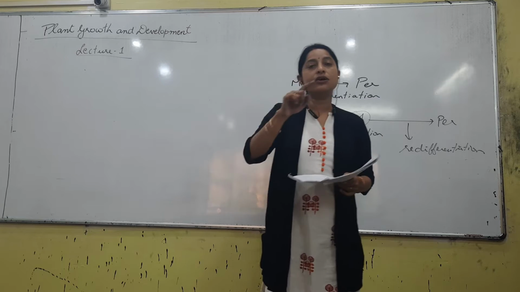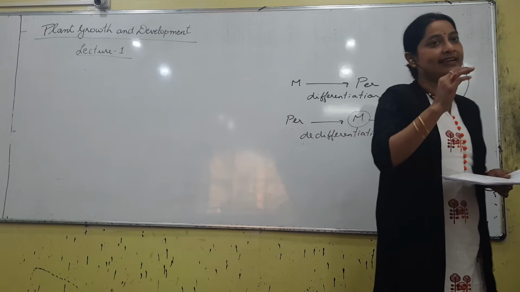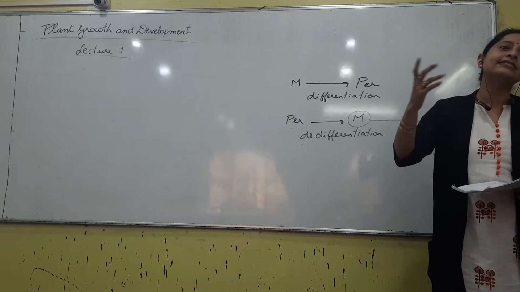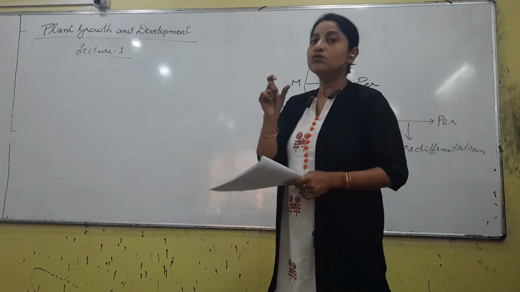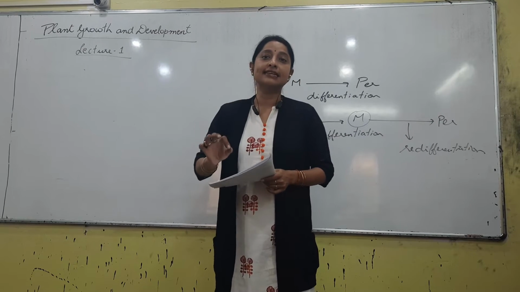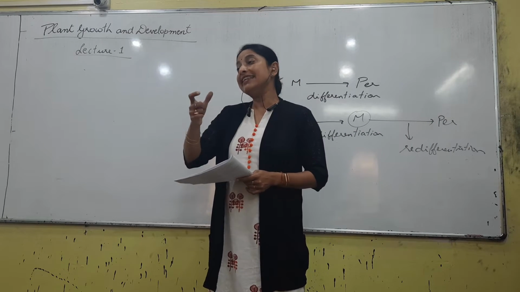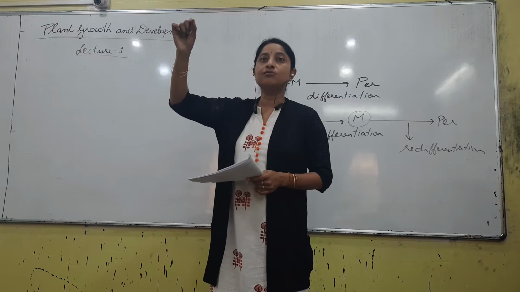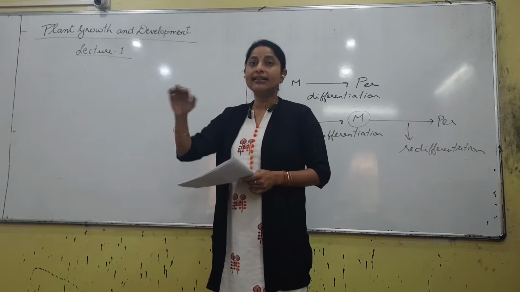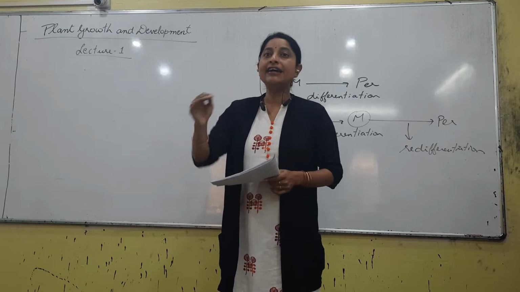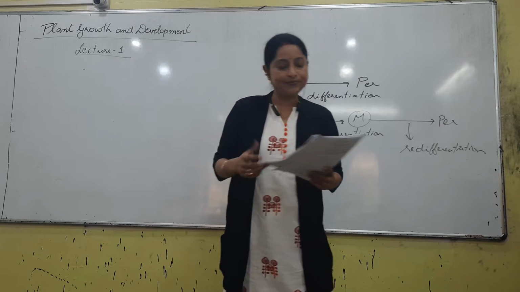Whenever we talk about S-shape, there are certain phases: lag phase, log phase, and the steady phase. In the lag phase, the growth is very less. It has just started. Then the log phase is exponential growth, where it grows a lot. After that it becomes steady, and that is what is called the stationary phase, and gradually senescence. Right?